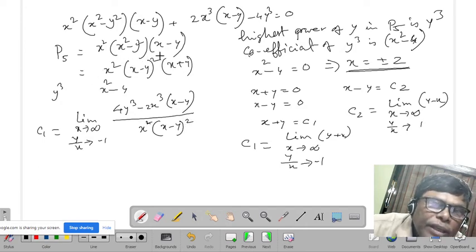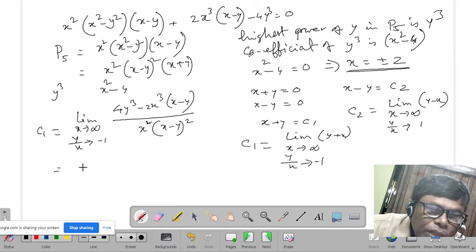From this equation you find out what is x minus y and what is x plus y. So just take this, and this is equal to minus 1. If you carry this out, it will be equal to minus 1. That is your task, you do it.